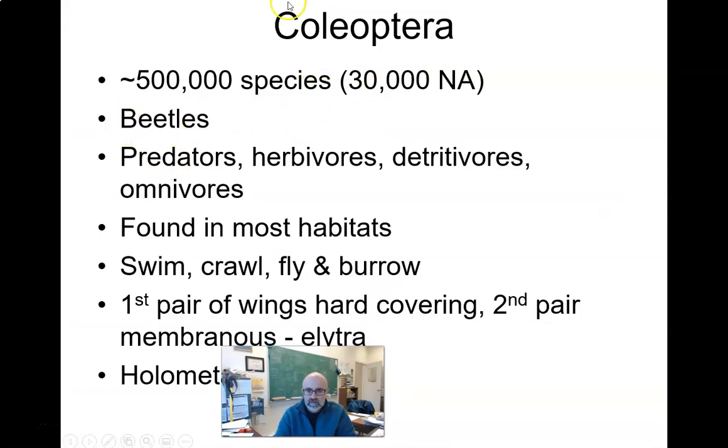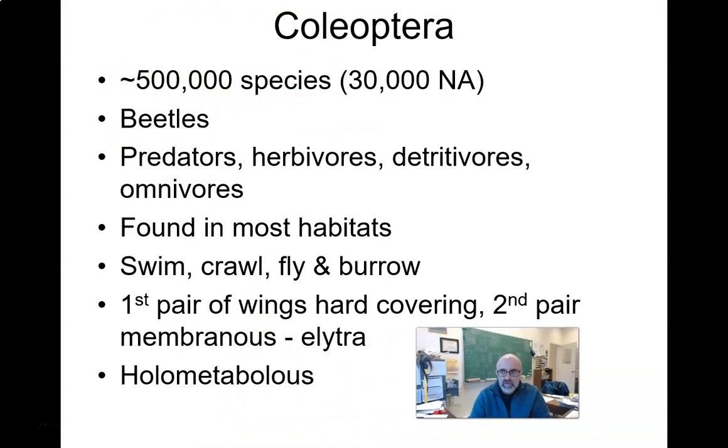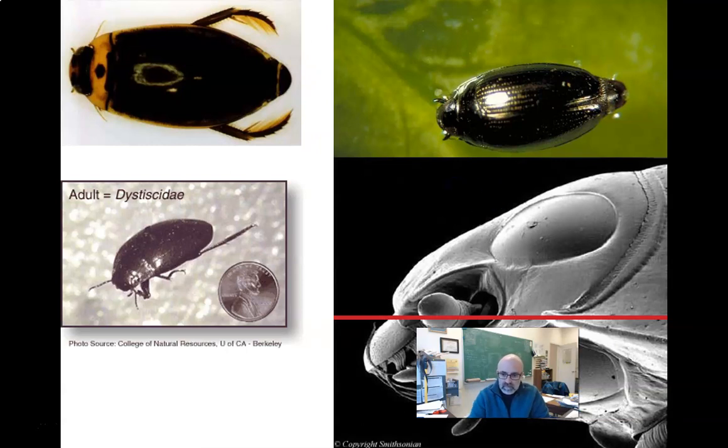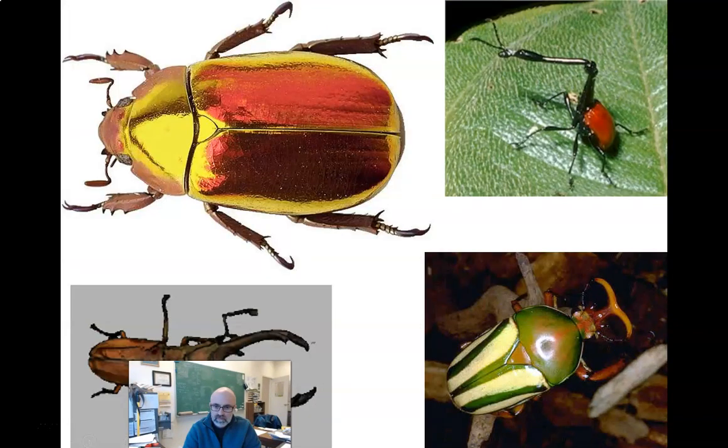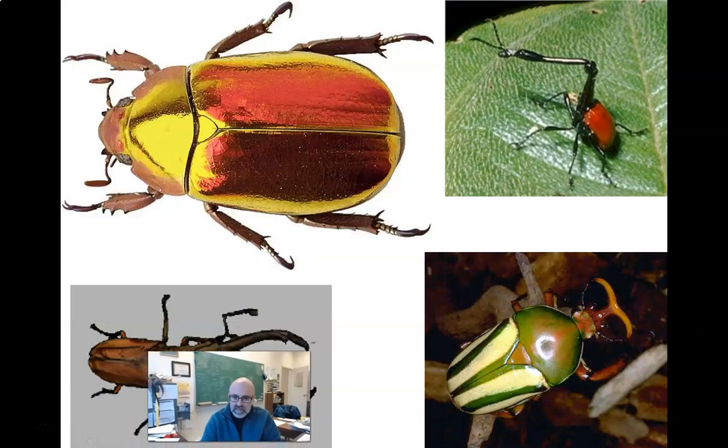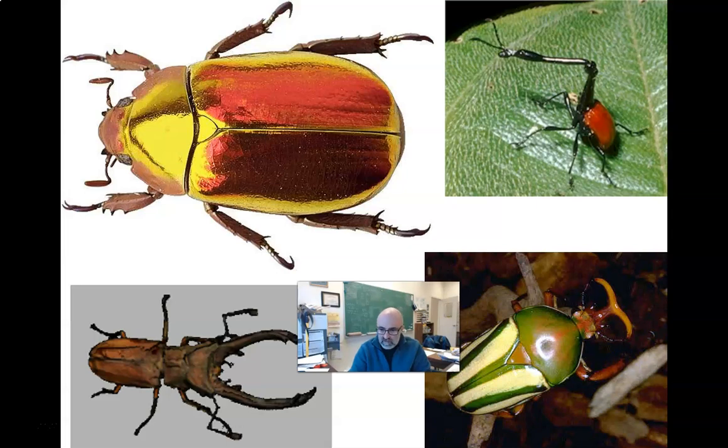Coleoptera, there's 500,000, so almost 1 in 2 animals that have been described is a type of beetle. Right? It's mind-boggling. Stag beetles and scarab beetles.